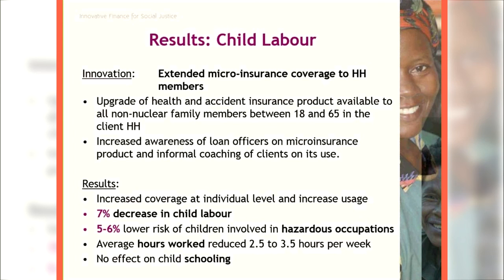This really is an intentional product, a micro-health insurance that led to a 7% decrease in child labor. It led to lower risk of children being involved in hazardous occupations and reduced the number of hours that children worked per week. So this really had a super impact, and it was an insurance product that made sense for everybody involved.